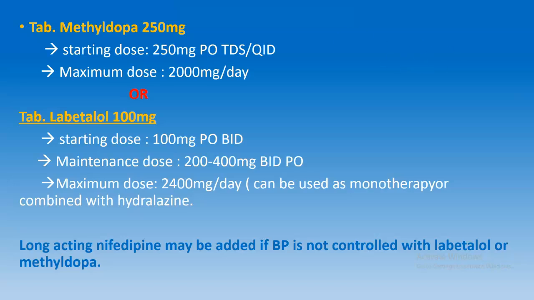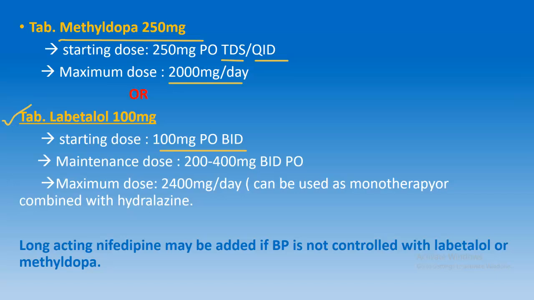Next, the management. The doses are different, so you can select any one of the medications depending on the institution. If you're going to select alpha-methyldopa, 250 mg, you can give it TDS or QID, 4 times a day, with a maximum dose of 2000 mg per day. Or you can give tablet labetalol with a starting dose of 100 mg per oral BID.